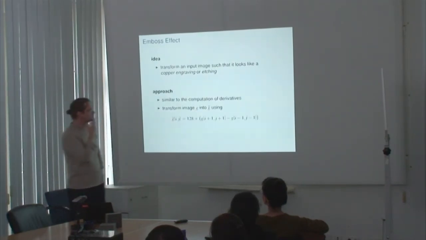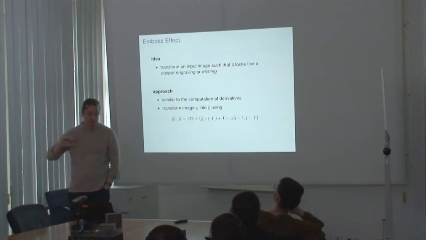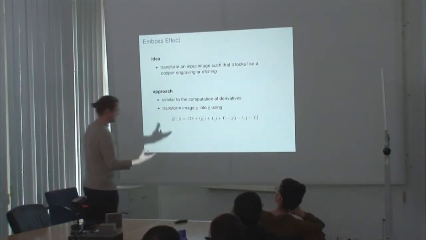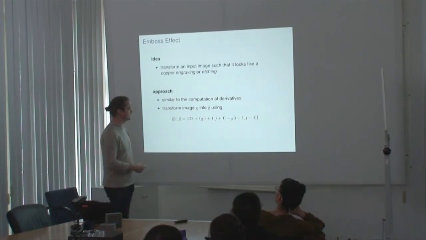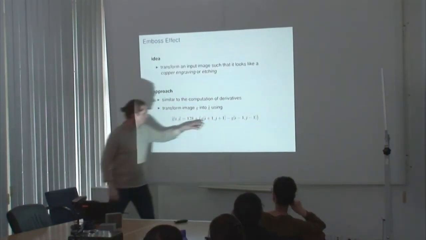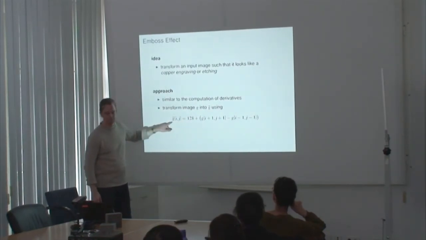And what I am going to show you is that, very similar to what we just did when we computed the gradient of this image, we will compute something quite similar and do something more with it to create a new image.